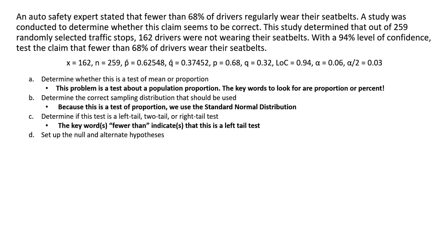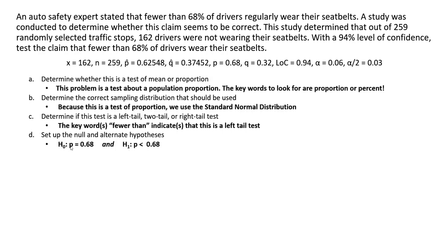Set up the null and alternate hypotheses. We have special symbols for all of this. So let me just get to it. This H with a little 0 next to it is considered to be our null hypothesis, and this H with a little 1 is considered to be our alternate hypothesis.